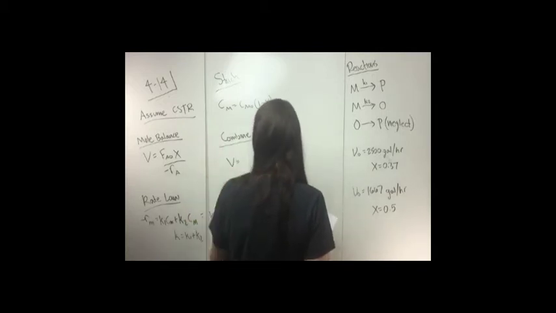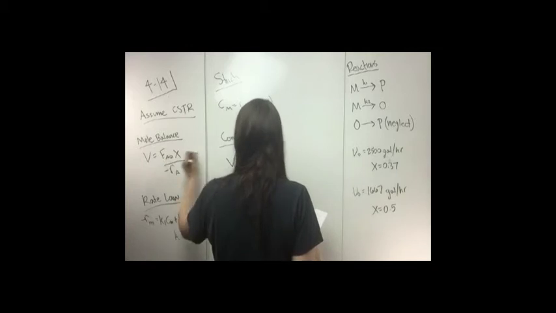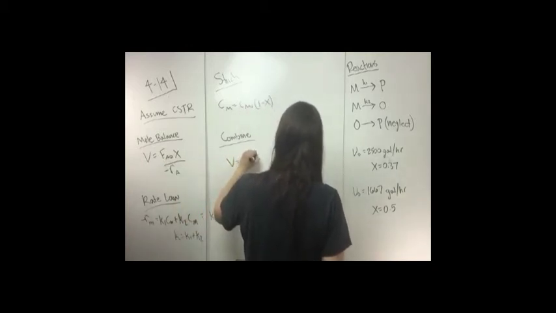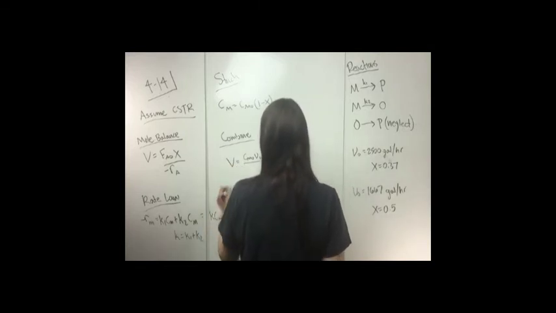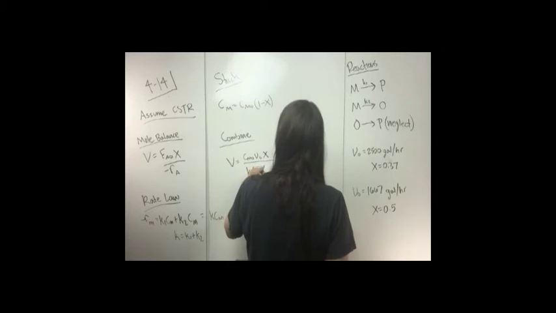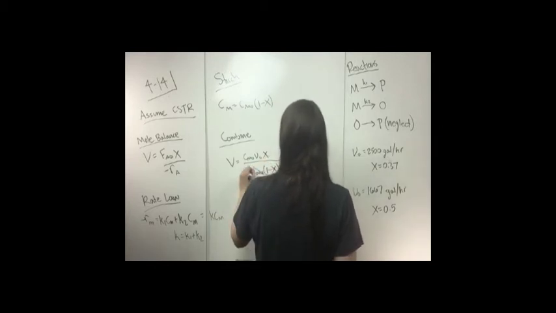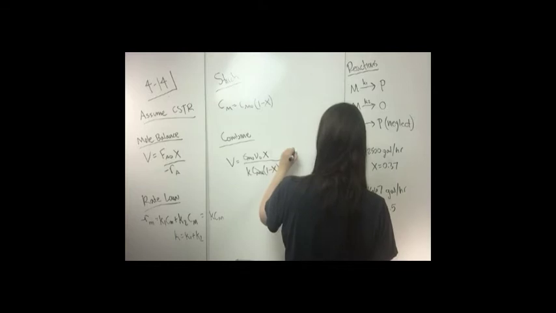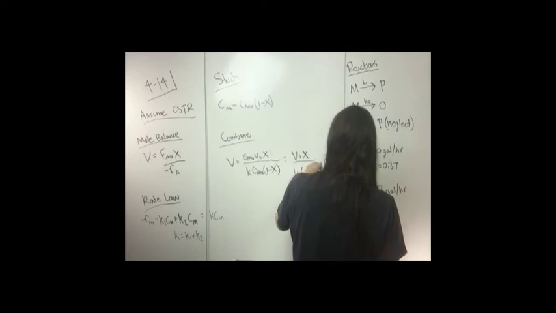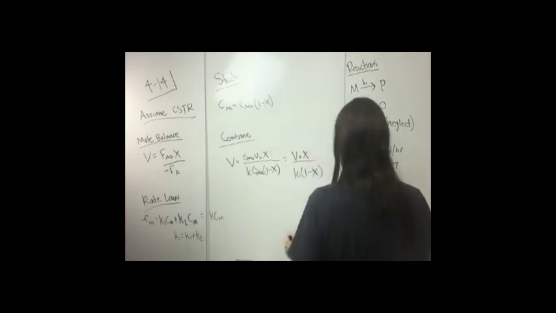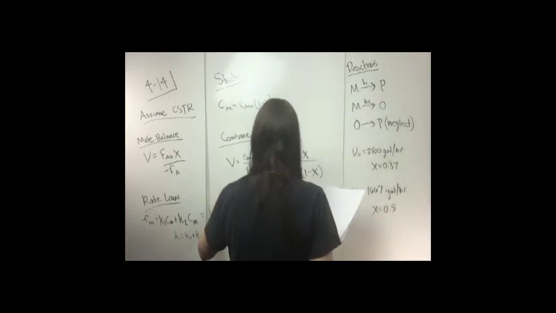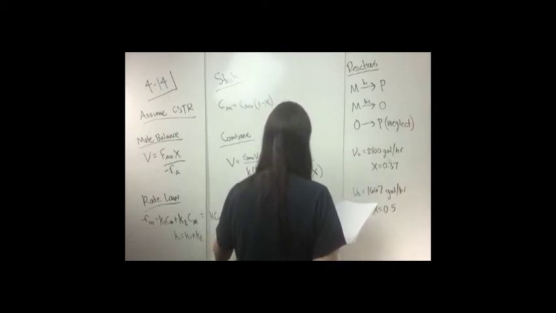V is equal to, and I'm going to say FA naught is CM naught V naught, times X, over K CM naught times 1 minus X. Then that cancels, so this is equal to V naught X over K times 1 minus X. Then we can multiply the K over, and we get K times V equals X over 1 minus X, multiplied by V naught.